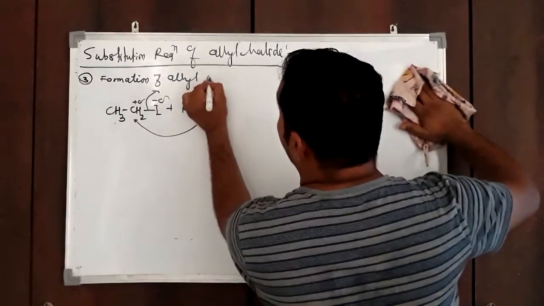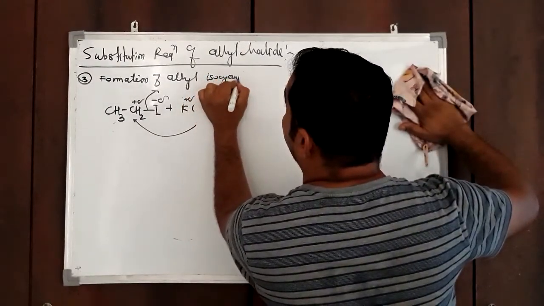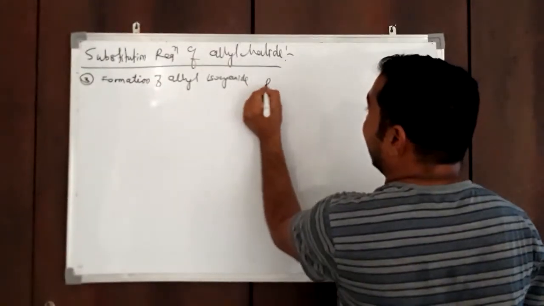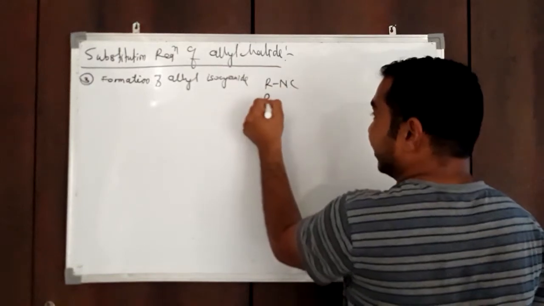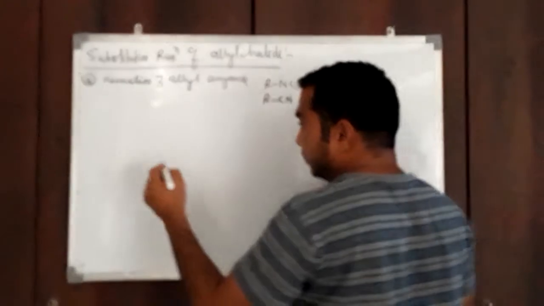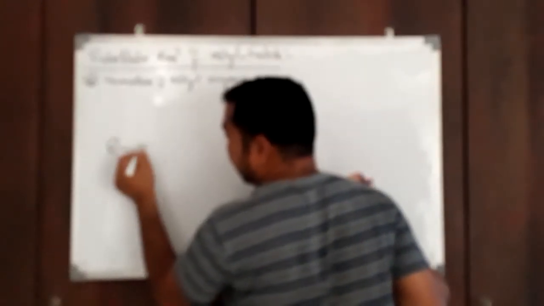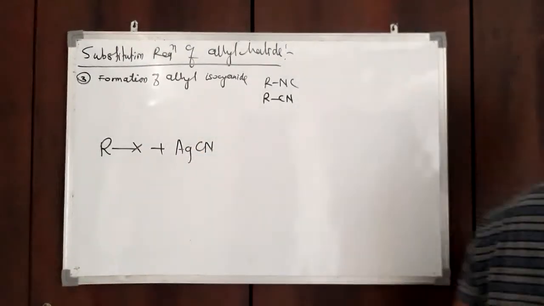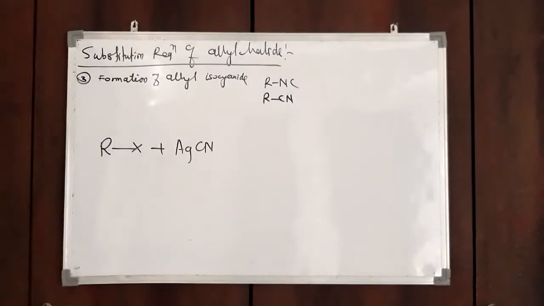alkyl isocyanide. Isocyanide means RNC. Alkyl cyanide means RCN. Now, very simple. Take alkyl halide. That alkyl halide reacts with silver cyanide.